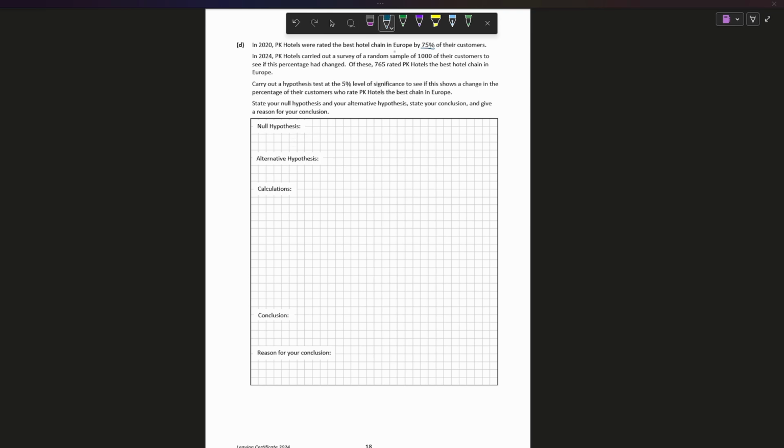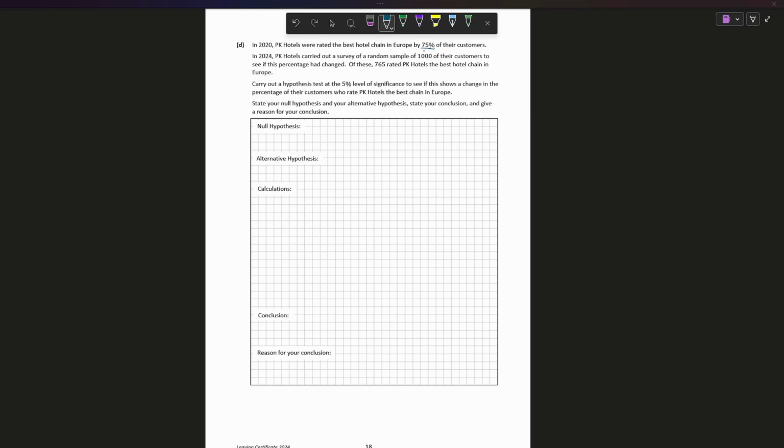Now, the null hypothesis, what is that? The null hypothesis is whatever we're checking to see if they're correct. So the hotel was rated 75%. They carried out a survey to see if it is still 75%, okay? So your null hypothesis would be that it didn't change, and that's how it always is. It's always whatever, like if it didn't change.